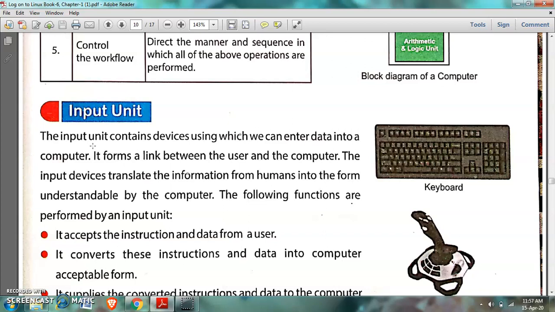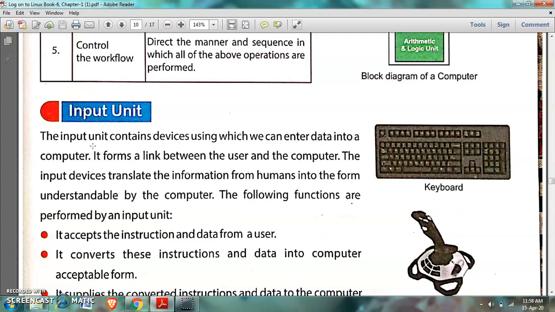The input devices translate the information from humans into a form understandable by the computer. So these devices just translate the instructions which are given by the human into the computer language, and the computer language is 0 and 1.